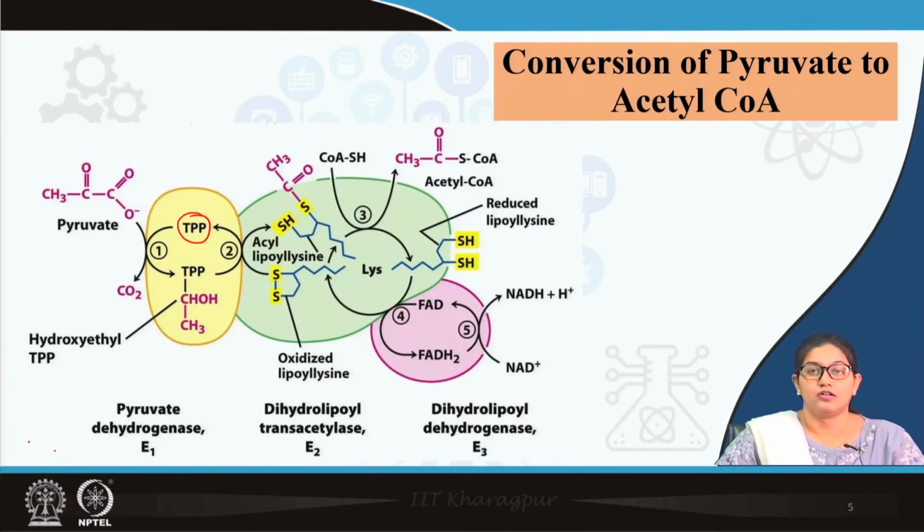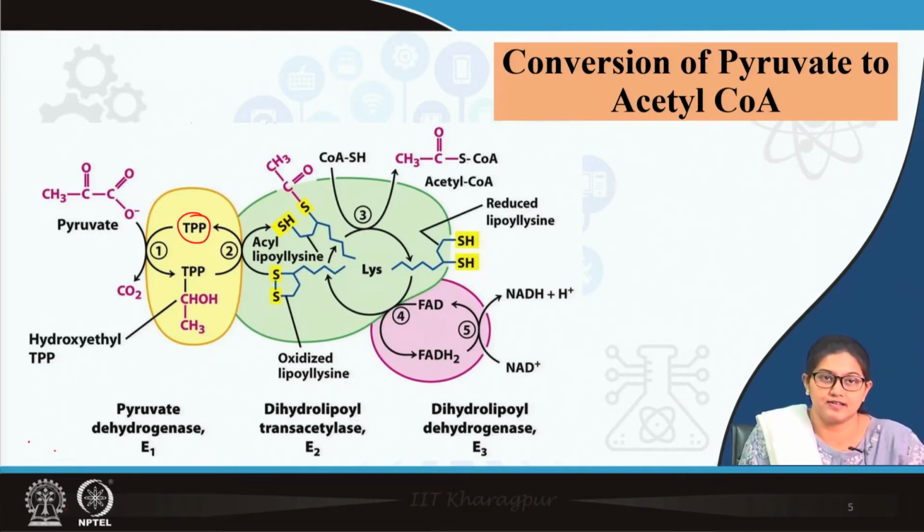So, how is this conversion of pyruvate happening with the help of the pyruvate dehydrogenase complex? We can see there are sequential enzyme reactions by which pyruvate is converted to acetyl coenzyme A. This is the whole sequence of reactions occurring inside the enzyme complex.